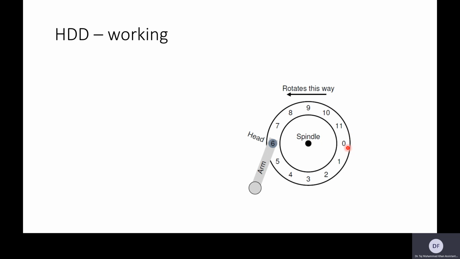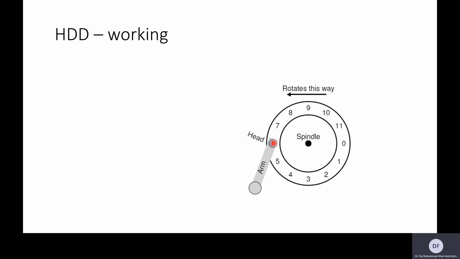Okay, so here you see different sectors named from 0 to 11. This track has 12 sectors, and this is the head, which will basically read or write data on the surface, and this head is attached to this arm. Okay. So this arm is used to move this head across the platter. We'll see that on the next slide. So in this figure, this head is resting on sector number 6.